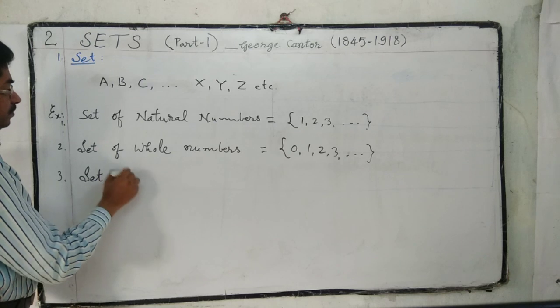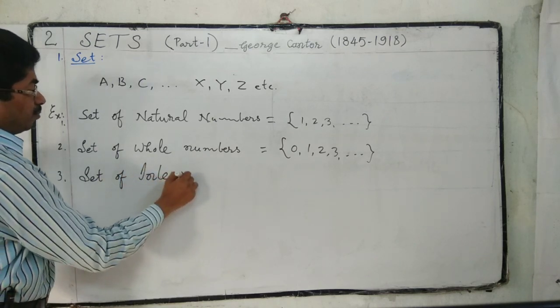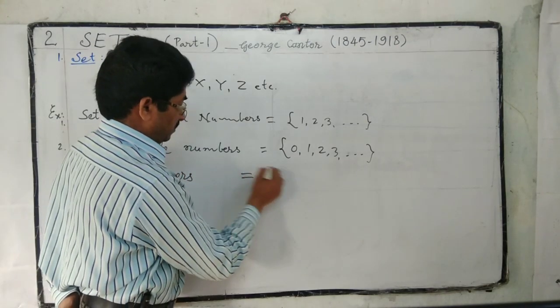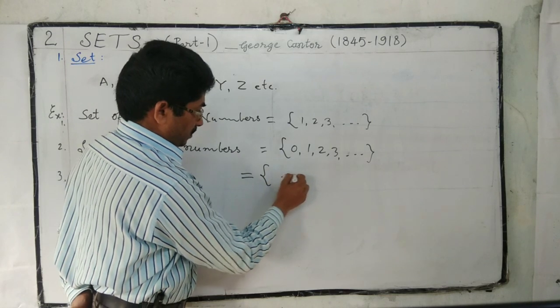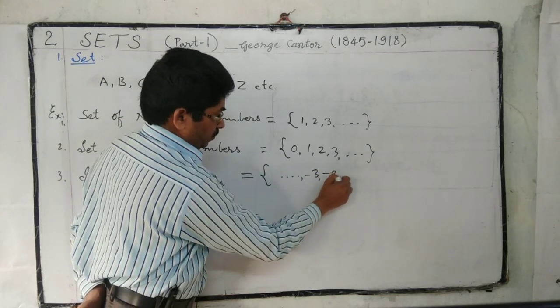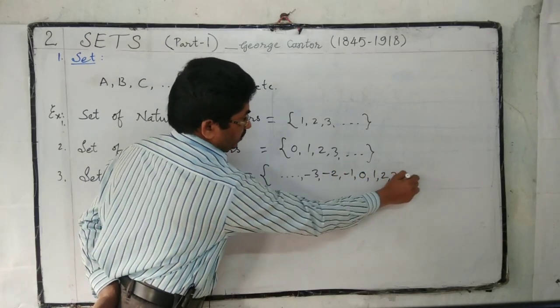Set of integers: -3, -2, -1, 0, 1, 2, 3, and so on.